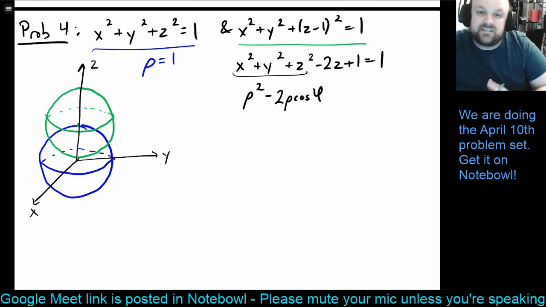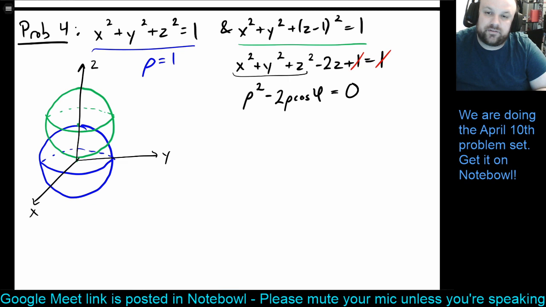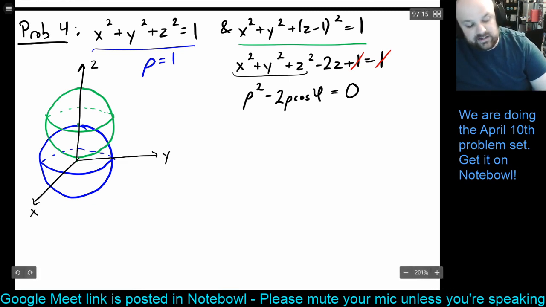And then I want to simplify this equation as much as I can. And there's a 1 on both sides here, so let me just cancel those so that this equals 0. And here, I can divide by rho to cancel those. And then I'm going to move the 2 cosine phi to the other side.